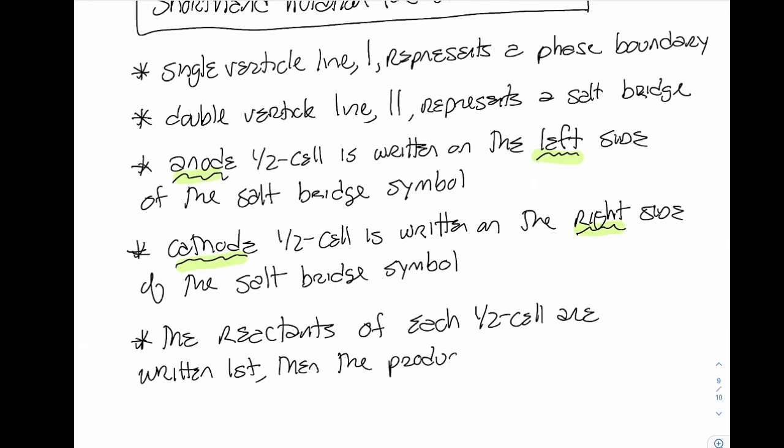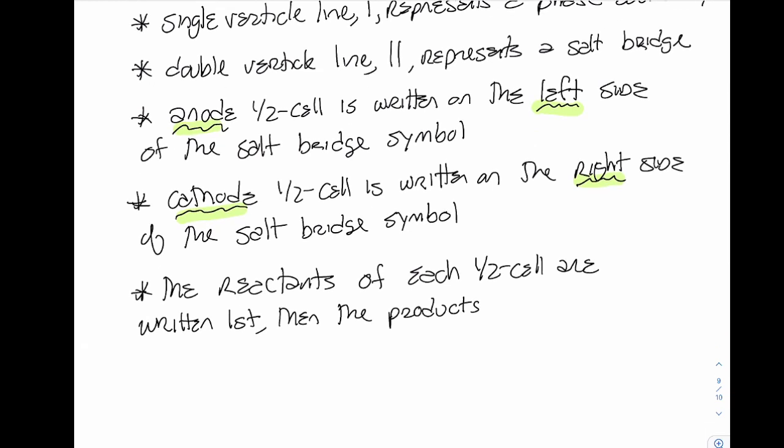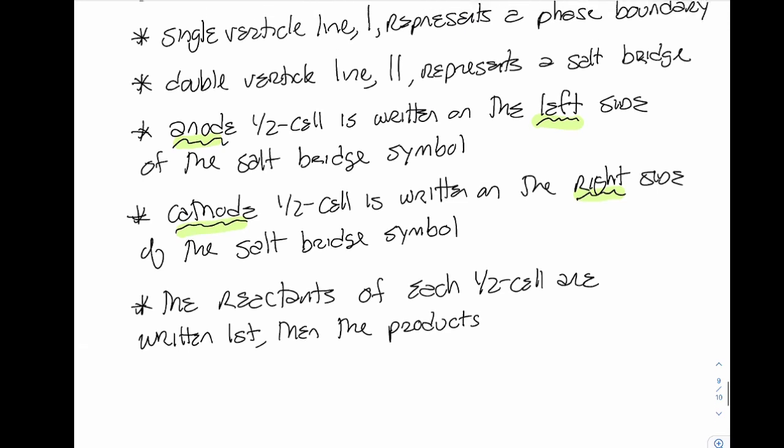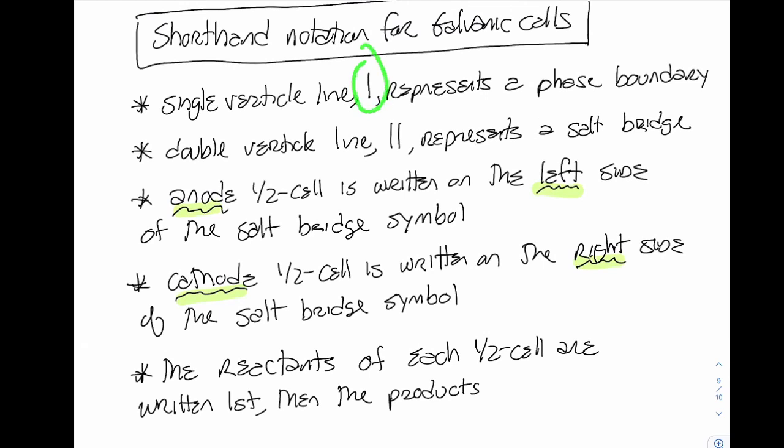If they're in the same phase, they have the same state of matter. The reason we're using phase instead of states of matter is that aqueous solution isn't really a state of matter, but it is a phase. So if they're in the same phase, we're just going to put a comma between them instead of a vertical line, because that vertical line represents a phase boundary.